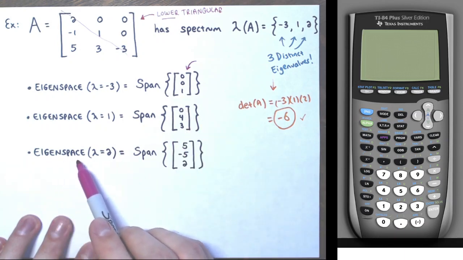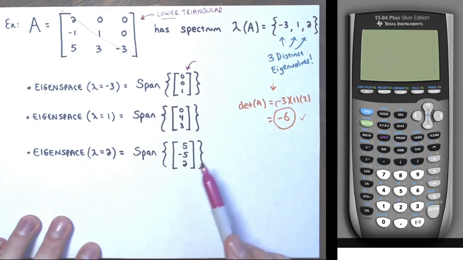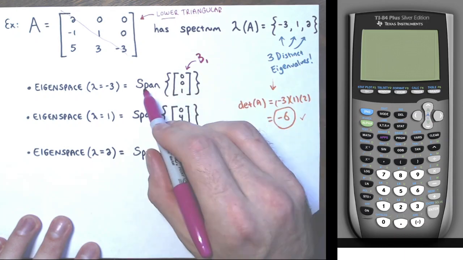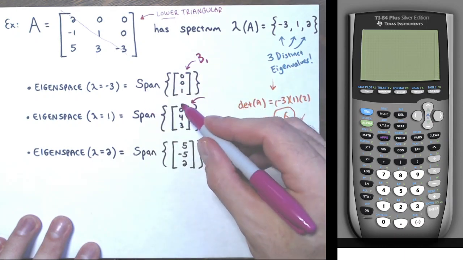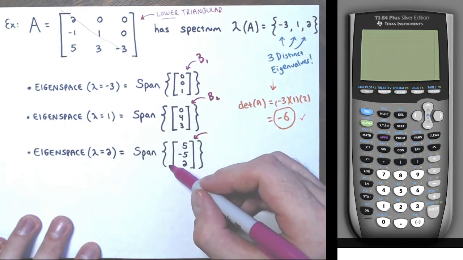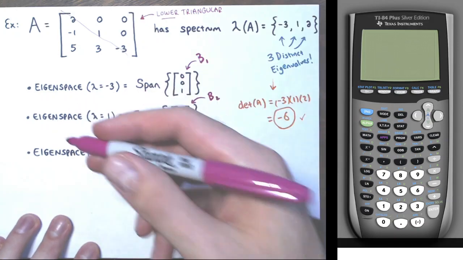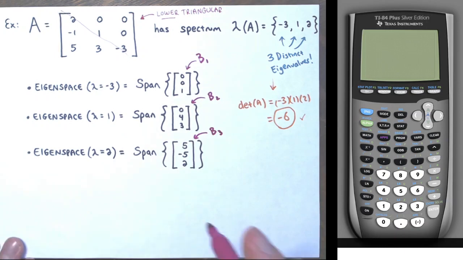And the eigenspace of lambda equals 2 is the span of the vector 5, -5, and 2. I'll call just this set basis 1, this set basis 2, and this set with 5, -5, and 2 basis 3, the bases of all these eigenspaces. And again, you can find these on your own. I'm not going into that.